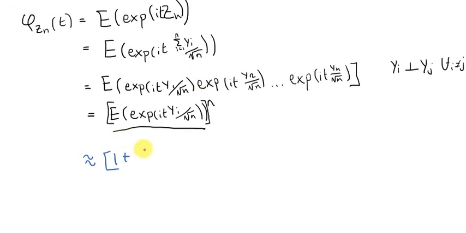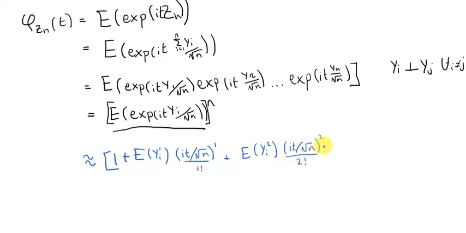So this becomes the expected value of yi to the power of 1, times it over square root n, to the power of 1 over 1 factorial, plus the expected value of yi to the power of 2 times it over square root n to the second power over 2 factorial, and then we're going to add t squared over n.